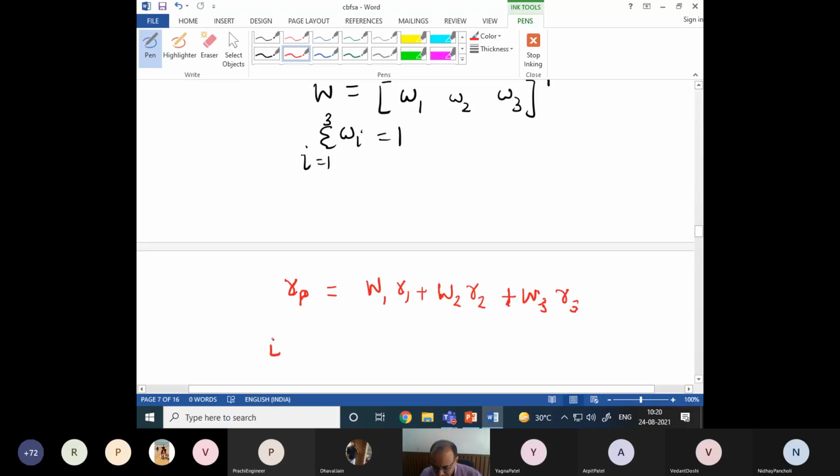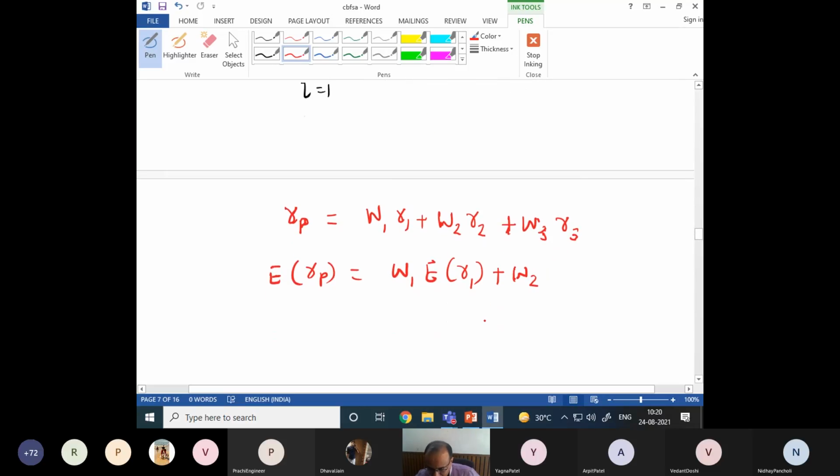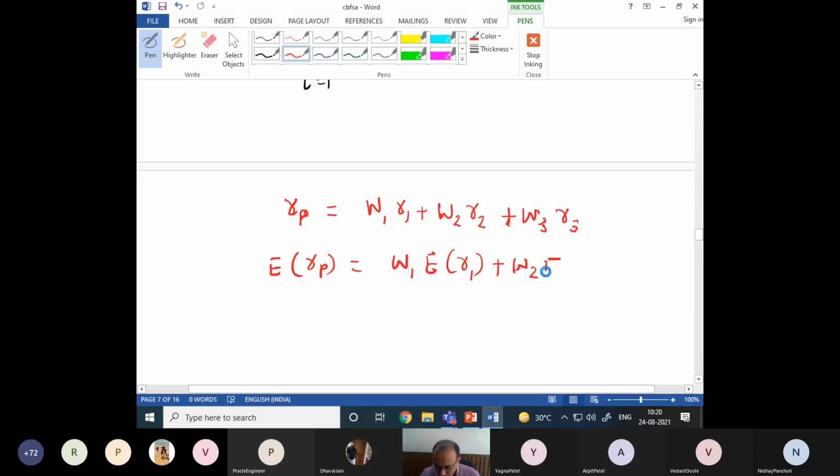And if I find the expected value, then E of RP will be what? I'm taking the steps directly because now we are convergent with the definition. So it is W1 ER1 plus W2 ER2, and the last term is W3 ER3.